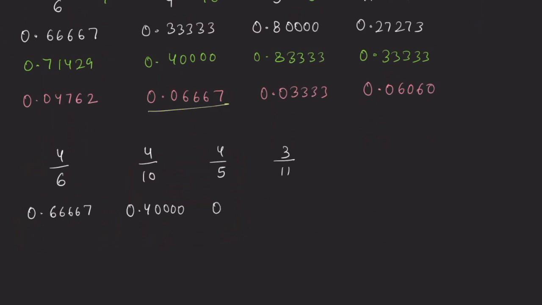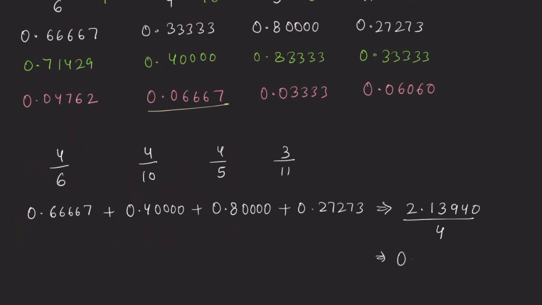This will be 0.80000, and 3 by 11 it will be 0.27273. So for finding out the average, first we will sum up all these values. So this will come out to be 2.13940, right? And now for finding out the average, the total number of classes that were given to us were 4, right? So we will divide this by 4. After dividing it by 4, the value that we will get is 0.53485. And this is the largest average pass ratio that we can get, right?